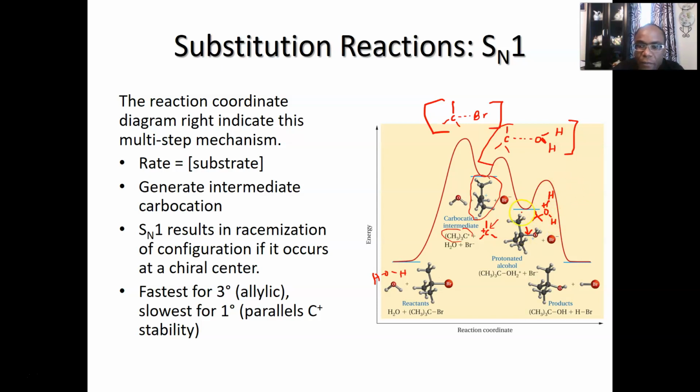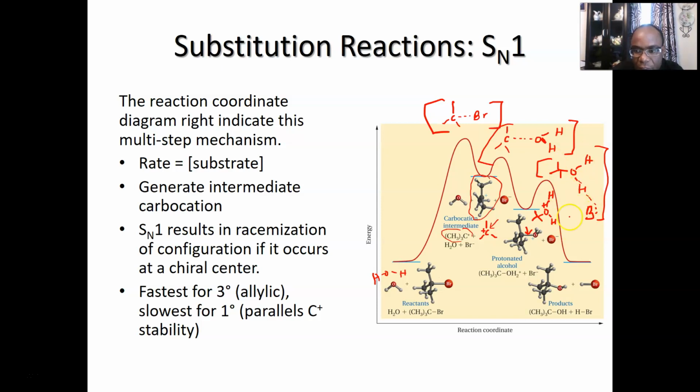And then usually you don't want the extra hydrogen, so you have to take out the extra hydrogen. To take out the extra hydrogen, you're going to use a base. You get another transition state where the base will want to pull off the extra hydrogen and this bond will want to break. Okay, so this will be the next transition state.